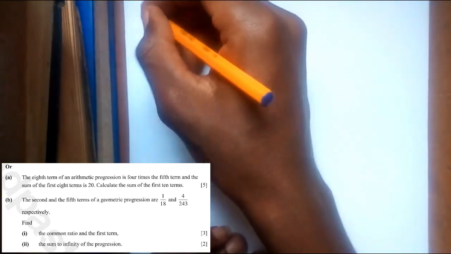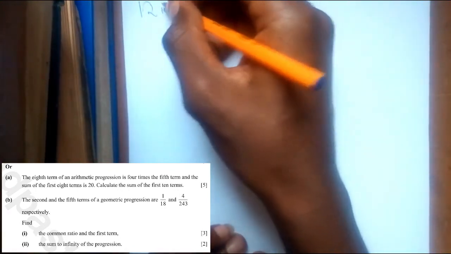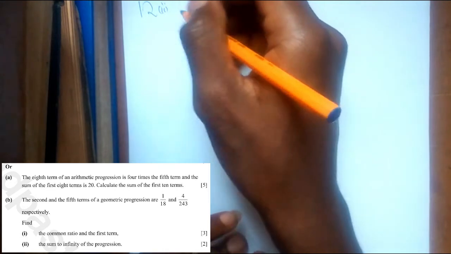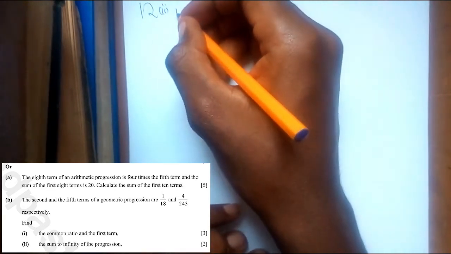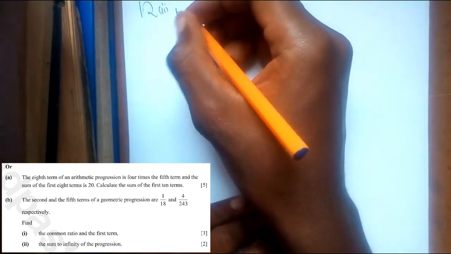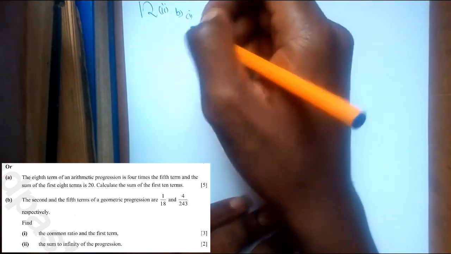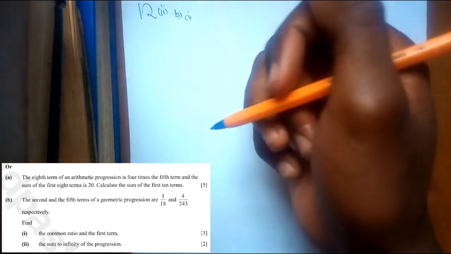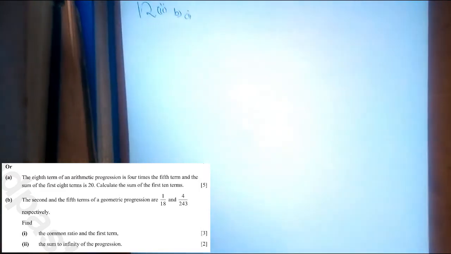Okay. Then question 12, B1 says the second and the fifth term of a geometric progression are 1 over 18 and 4 over 243.